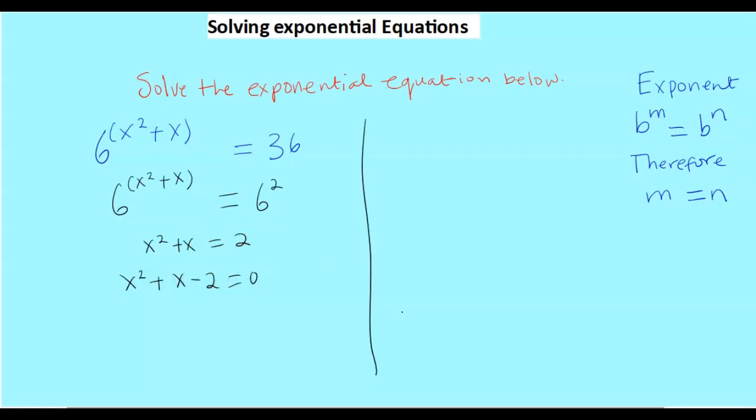Okay. And now we want to solve a quadratic. We can put 1 here to bring more understanding. So we take our constant, which is the negative 2, and then we look for 2 numbers that we multiply that will give us negative 2, which is only 1 and 2.